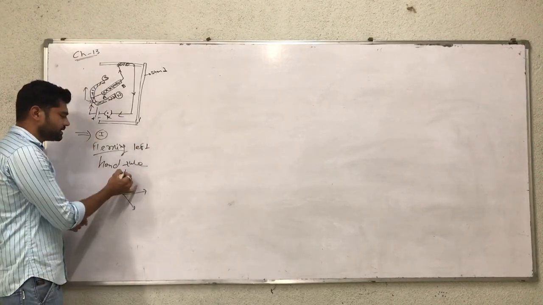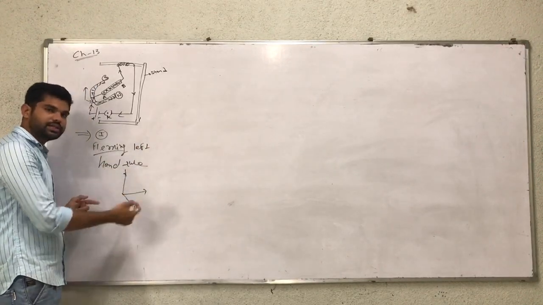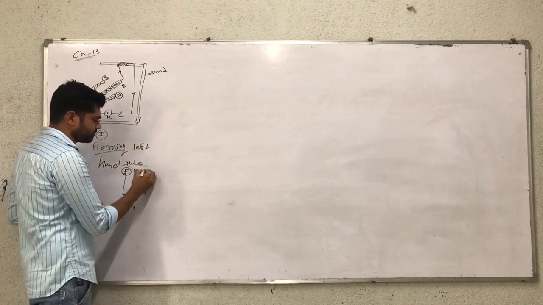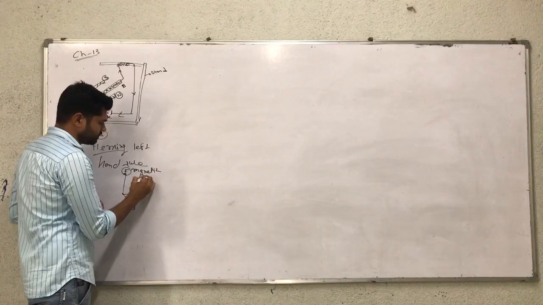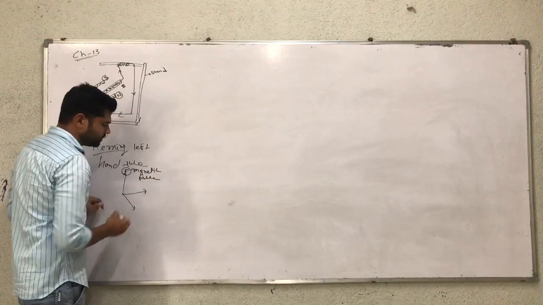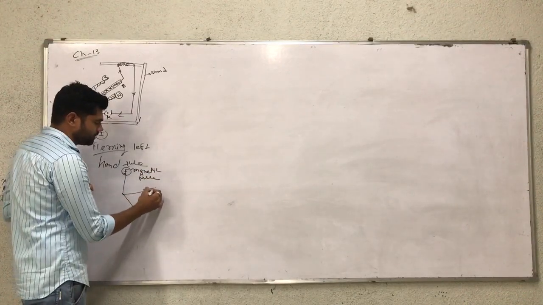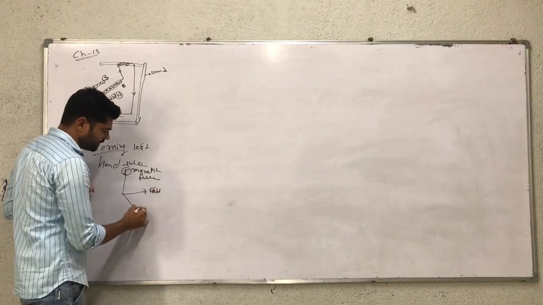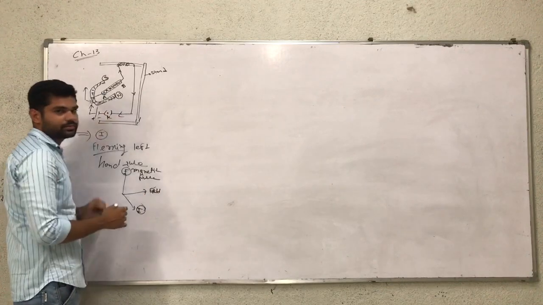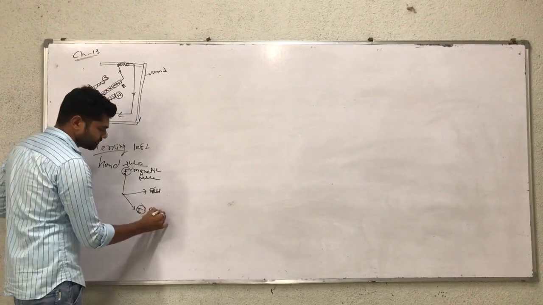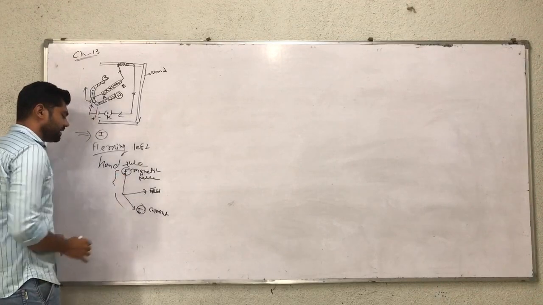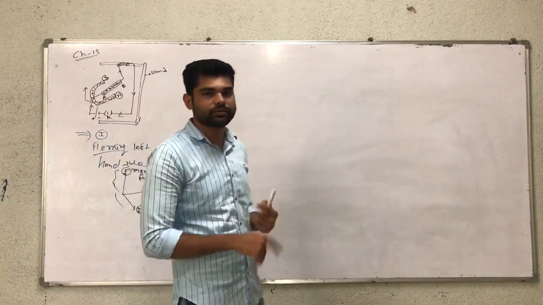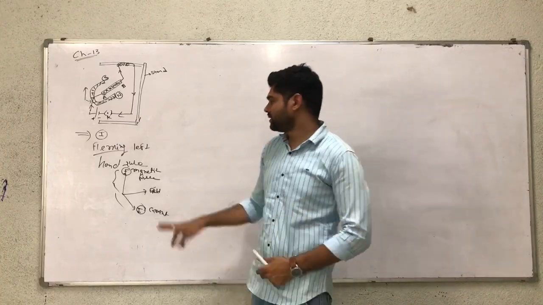So this thumb indicates the magnetic force, this finger indicates the field, and this indicates current I. So with Fleming's left hand rule, we find the direction of magnetic force, field and current.